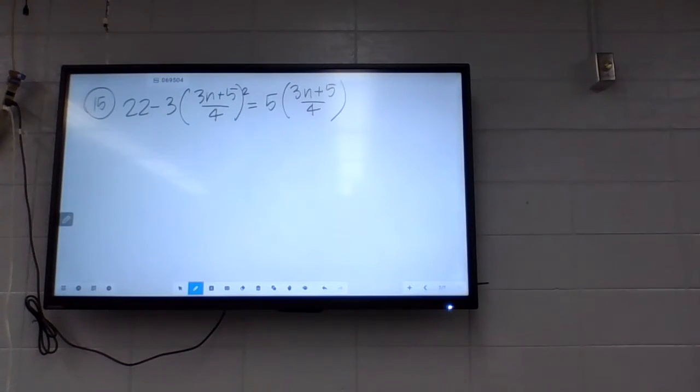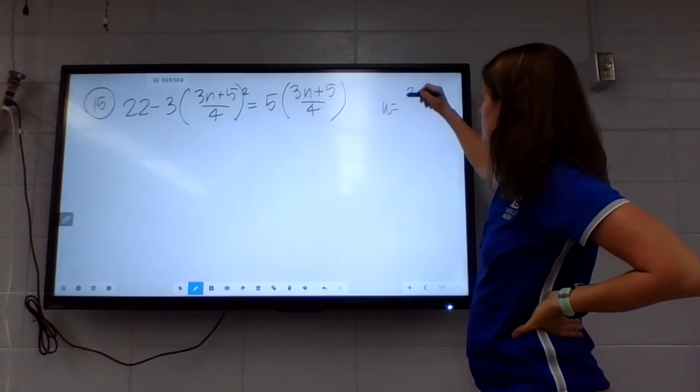So again, realizing there's something that I used twice, that we're going to call that our chunk. So my chunk is going to be that fraction.